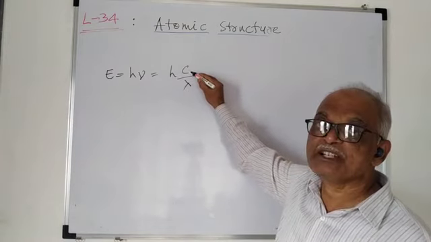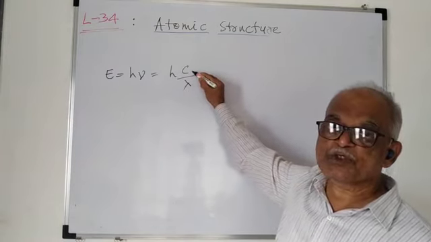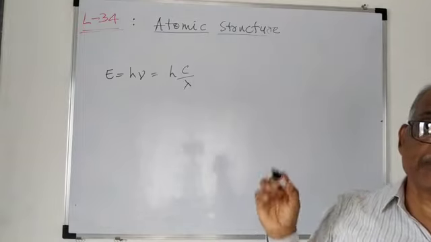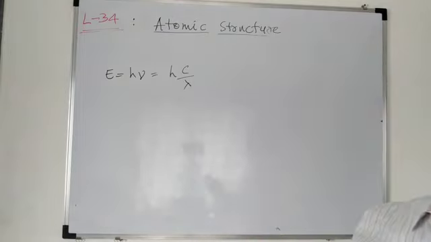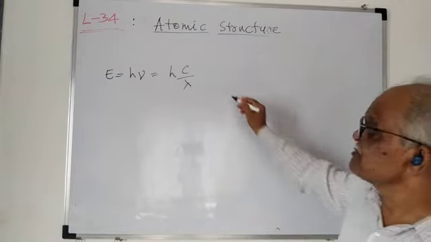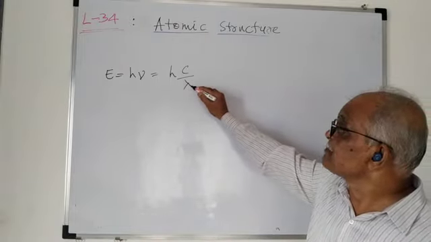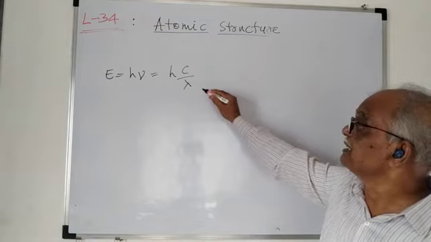Here c is the velocity of light, that is 2.998 into 10 raised to 8 meter per second, and lambda is the wavelength of that light.